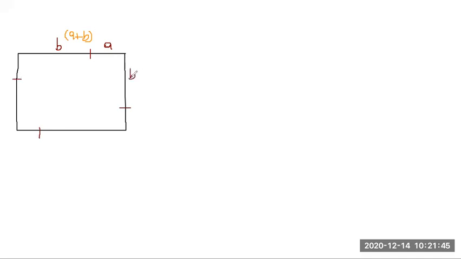And then B, A, B, A, B, A. So in order to find the full length around the whole thing, I would have to do A plus B, right? A plus B is this whole length, A plus B is that length and that length. I'm going to show you two things.